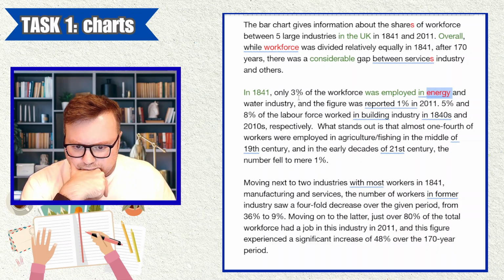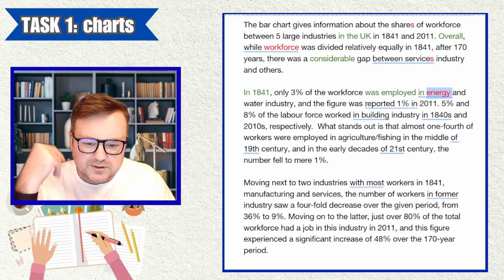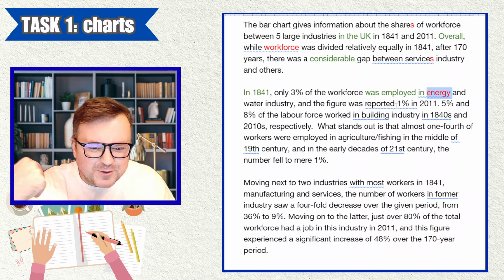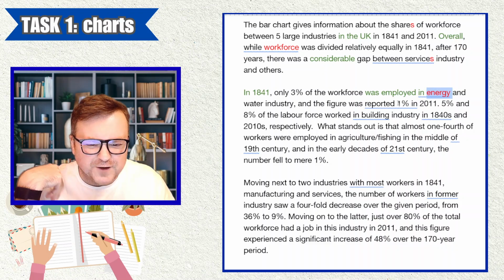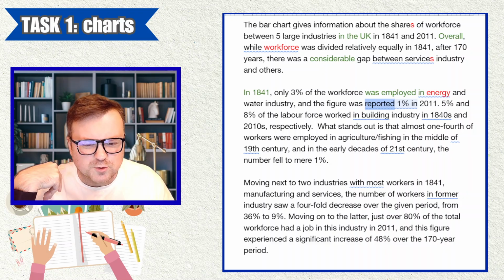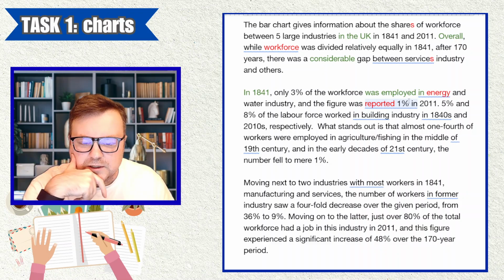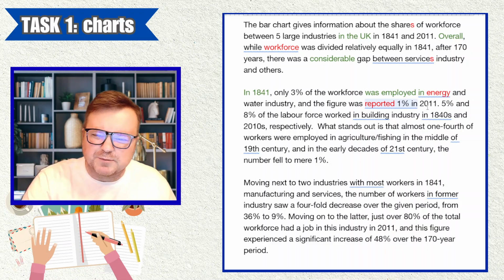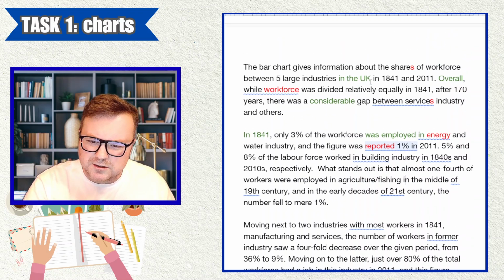And the figure was reported, maybe the candidate is trying too hard here, it was reported as 1%, maybe. The figure was reported 1% sounds a bit strange. Google Docs wants to give it at, I think reported at, both fine. Reported as 1% in 2011. Okay, but that's a bit strange, right?